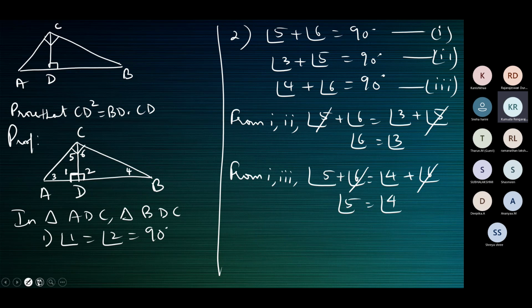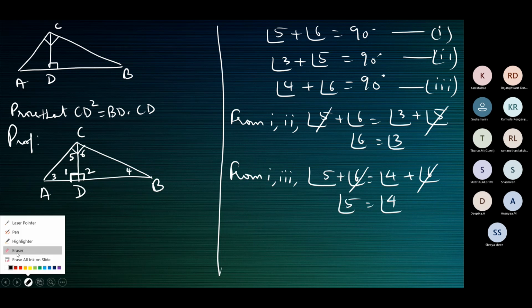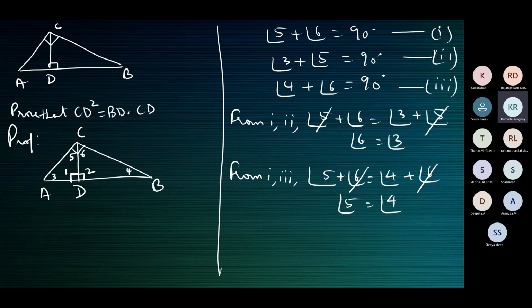So what you can do is you can just prepare this one first. Then you take up the two triangles. You present it in the exam. You first prepare this.